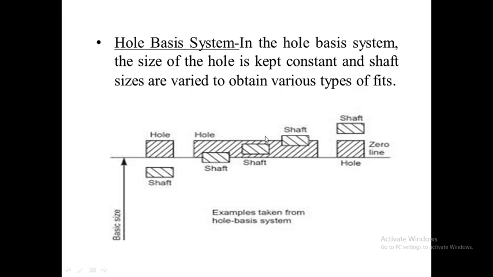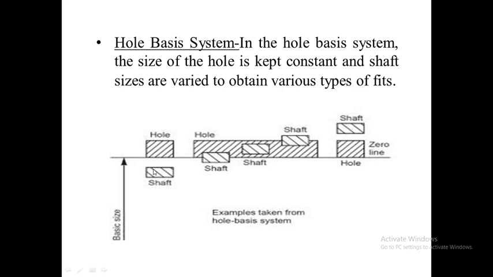Now from the diagram you can see that this line indicates the basic size, that will be the same for the hole as well as the shaft. Now this upper part, where it is written as hole, this part as well as this part and this part represents the tolerance zone for the hole, whereas this part, this and this represents the tolerance zone for the shaft.